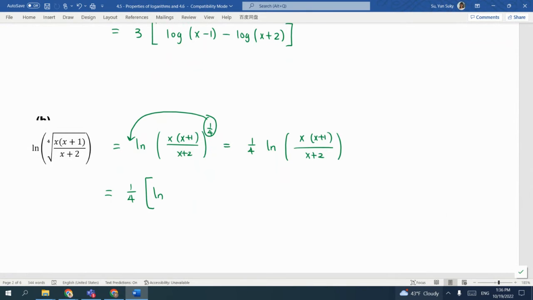If the factor is in the numerator, then we add them. So add the ln of x, and then x plus 1 is in the numerator. So we have x plus 1. X plus 2 is in the denominator. So we subtract ln of (x plus 2). Is that okay, everybody?